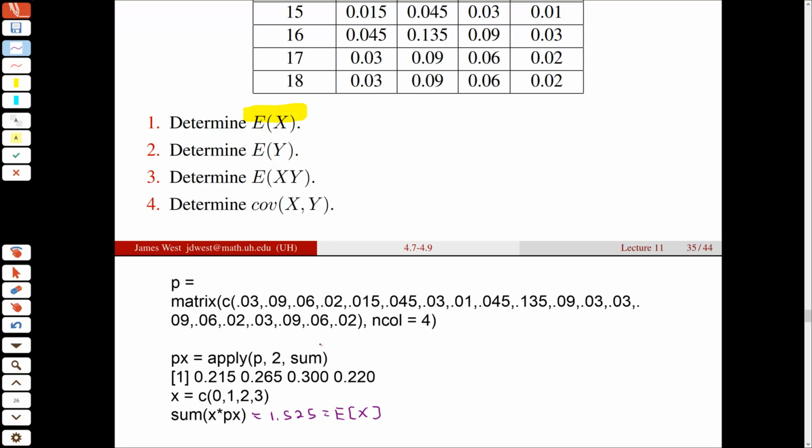So this command says add the columns of matrix P.